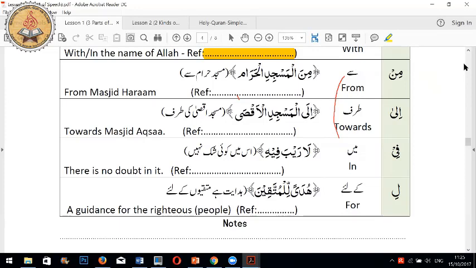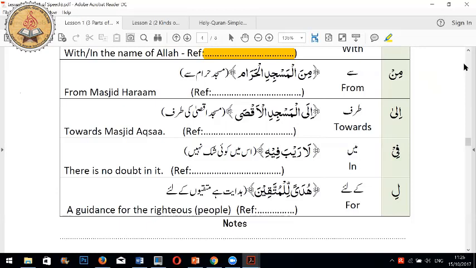Fi means in. So la rayba fi, there is no doubt in it. And we know that this is very common and well known. Surah Al-Baqarah, find out the translation. The translation has been given, but find the reference, the very first page of Surah Al-Baqarah, and write down the verse number as well.